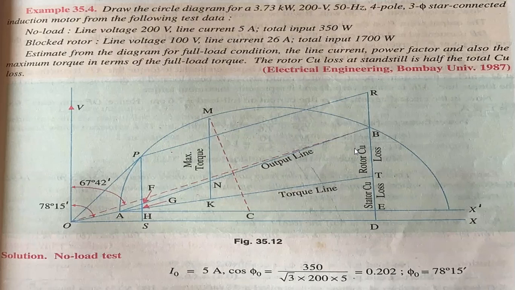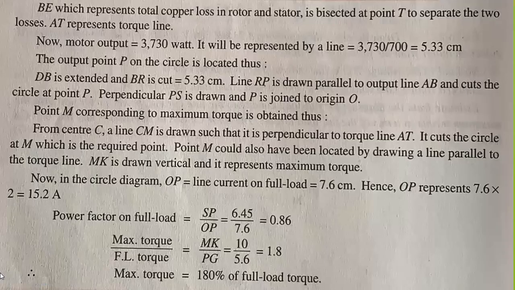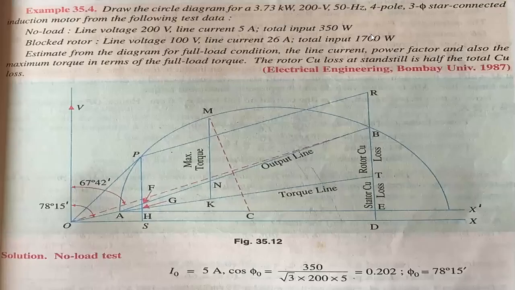And next, the OB line, it is of 26 amperes. So 26 amperes means, with 2 amperes equal to 1 centimeter, 26 amperes is equal to 13 centimeters. So 13 centimeters you have to draw. Next, the OB line, actually this line up to here will be 13 centimeters.